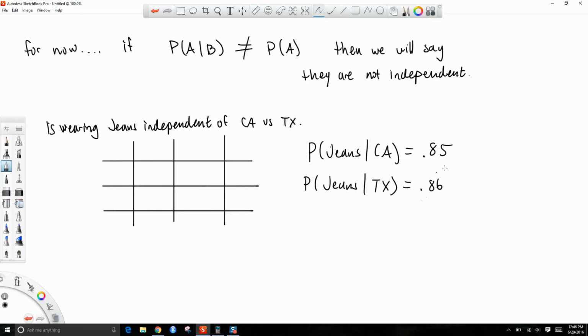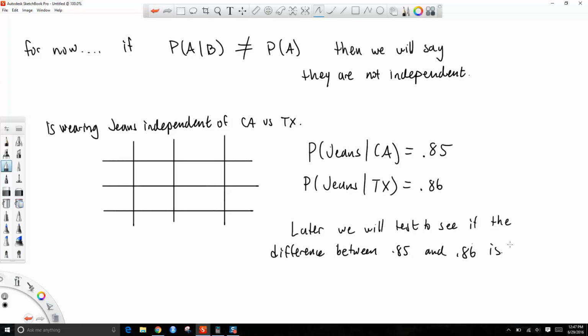But later on, we will decide whether the difference between 85% and 86% is significant, okay? So later, we will test to see if the difference between 0.85 and 0.86 is significant, okay?